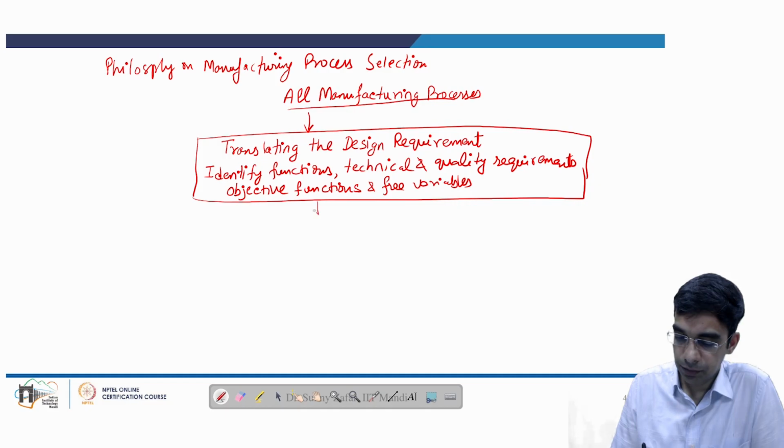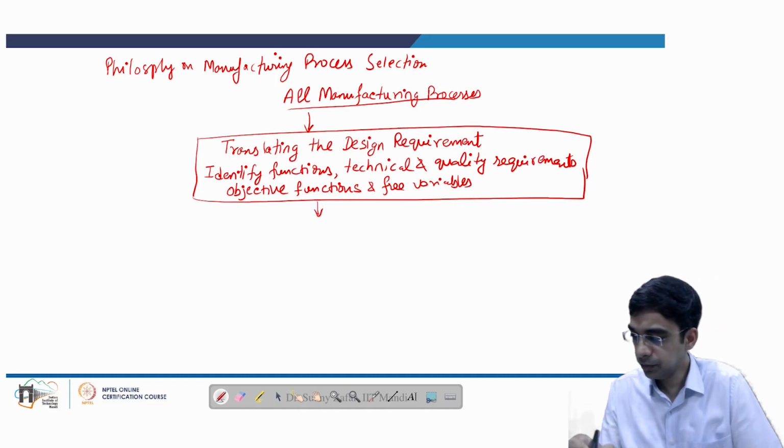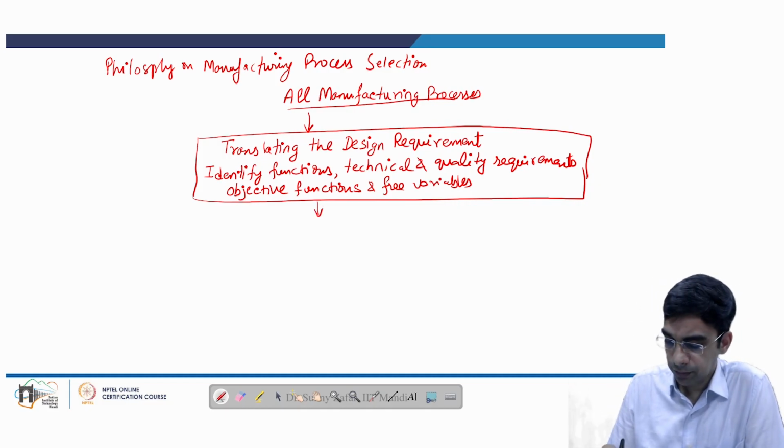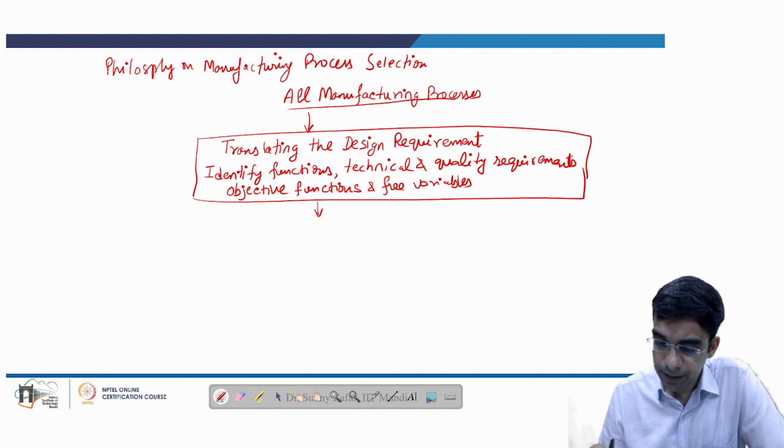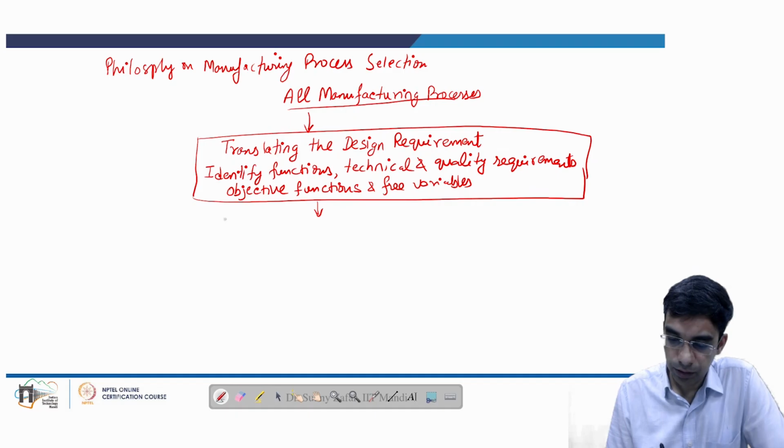So then after doing that, essentially here what we are doing is what is the functionality of the product, what are the materials selected, what will be the shape, and so on.